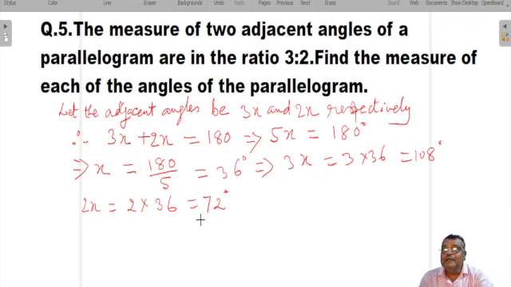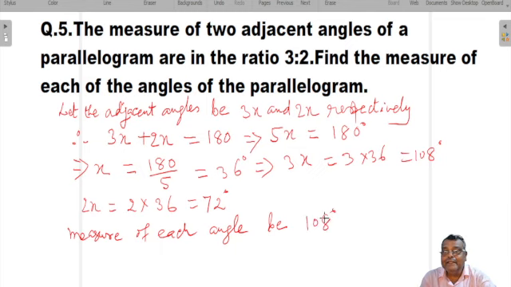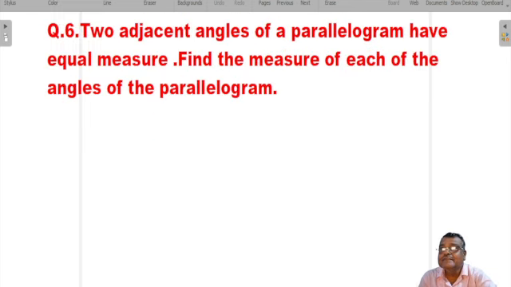So the measure of each of the angles are 108 degrees, 72 degrees, then 108 degrees and 72 degrees.